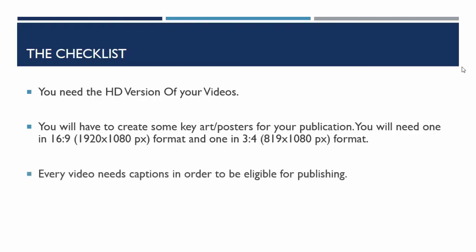After that, this is something that probably will scare a lot of people, but it's not something that scary, because it can be done very easily, but it has some costs. So be sure that the videos you will publish are very high quality and they will sell, and it will definitely be worth it. Okay, every video needs captions in order to be eligible for publishing. So if you do not have captions for your videos, like subtitles or something like that, Amazon will not publish your videos.